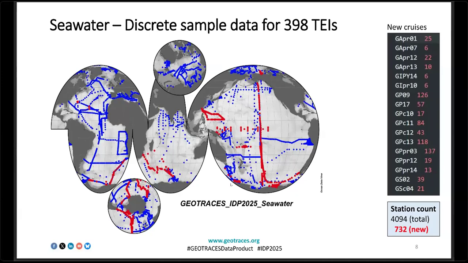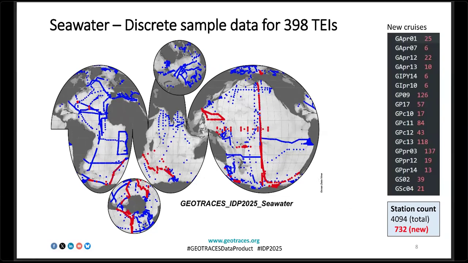And the new stations, again, quite a large number of new stations in the Pacific, a few in the Arctic, southwestern Indian Ocean, and Atlantic data in the Southern Ocean, but also process study data in the North Atlantic.